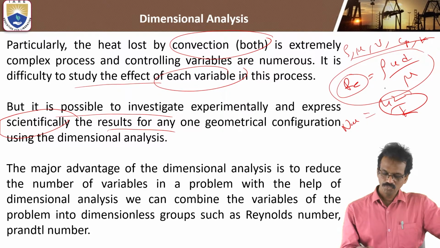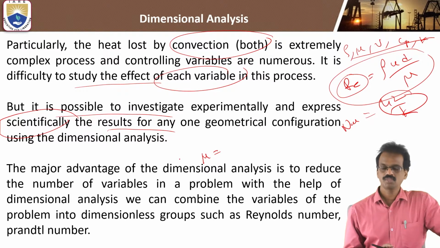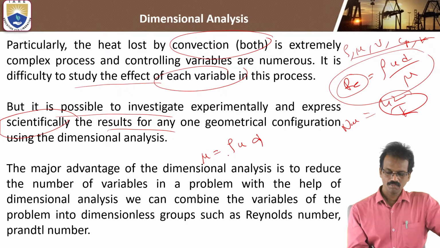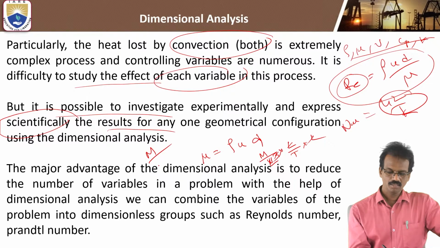If you compare the units of mu with rho u d: density is mass upon volume, velocity is length by time, and distance is L. Here volume is L cubed, so it means mass by L into T, so M L^-1 T^-1.